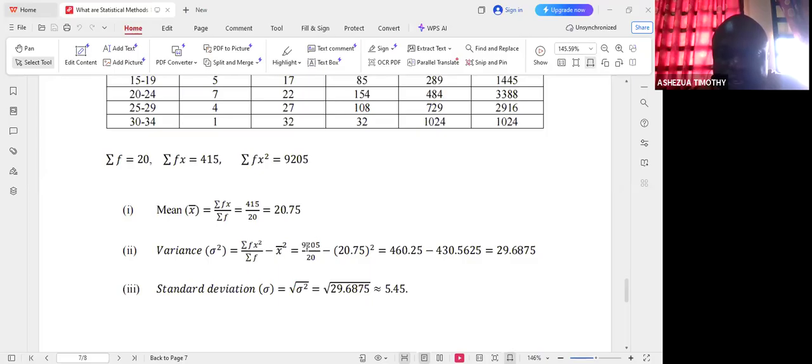If you divide 9205 by 20, you have 460.25. This is your negative sign. Look at it here. 20.75 squared is simply saying you should multiply this number by itself, 20.75 times 20.75, and you will get 430.5625. When you perform this simple arithmetic, you get 29.6875.